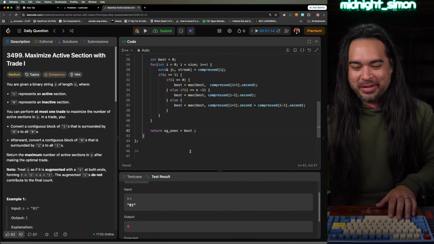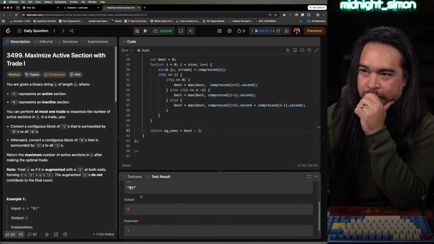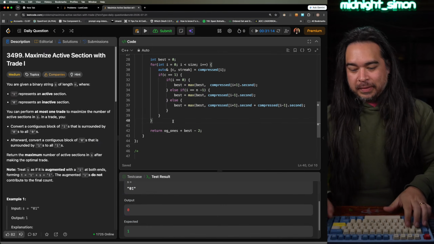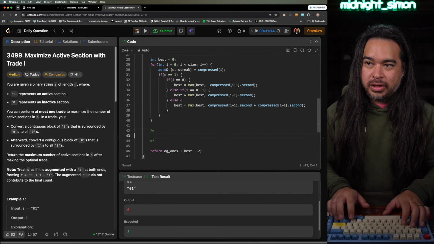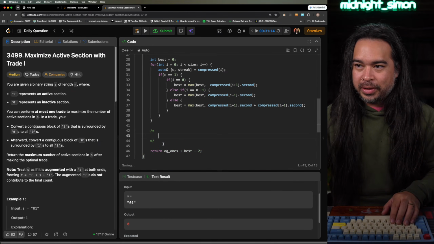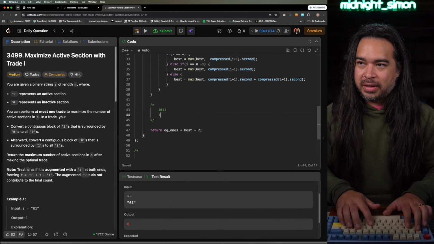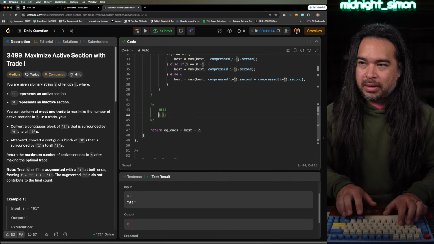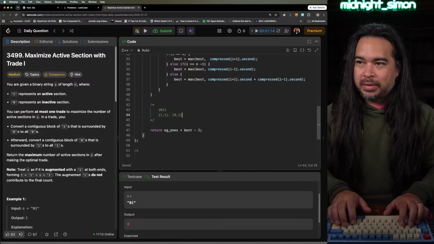Alright. Let me see what the hell is going on, man. So this first one would look like, I'm trying to do this without printing couts everywhere. So this first thing would be like that, and then we'd compress it down to like 1 1, 0 1 and 1 2.